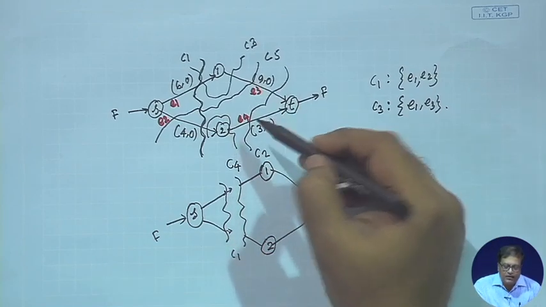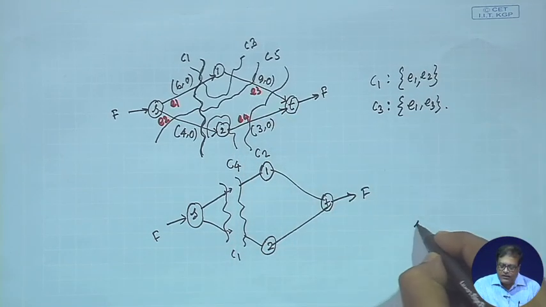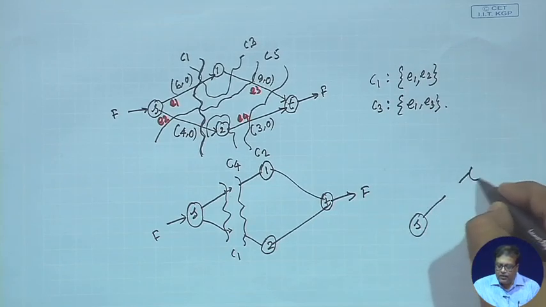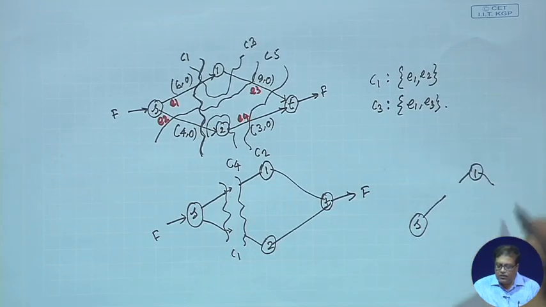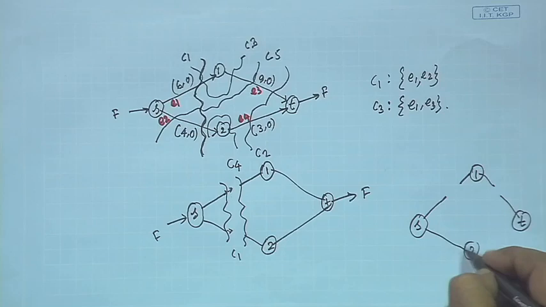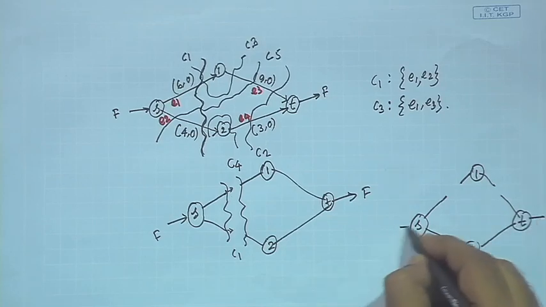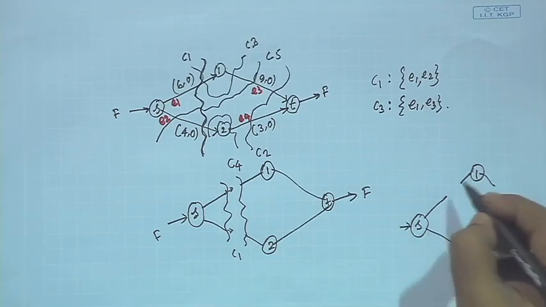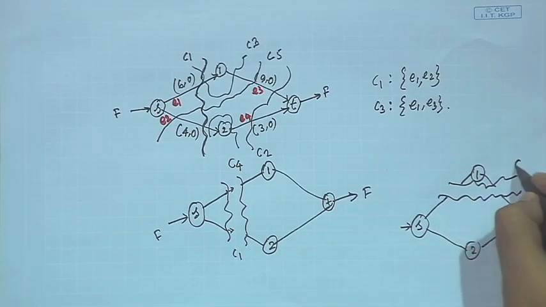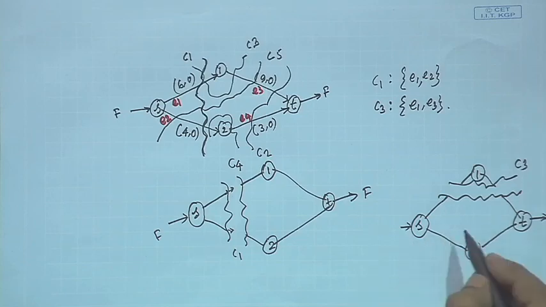Let us take another example, let us take C3. You see what happens in C3, the cut is actually here. See, this is C3. Now, tell me, if some flow comes from S, can it reach T?